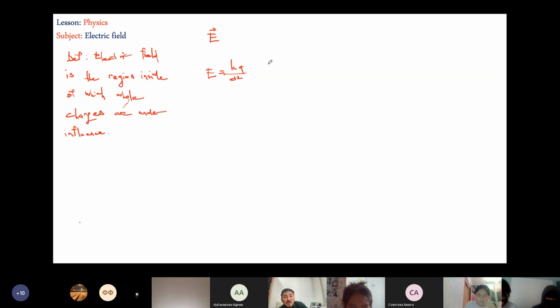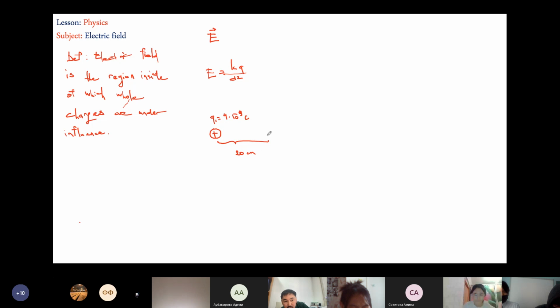That is all. So for simplicity, suppose I have a positive charge Q of 4 times 10 to the power of minus 9 coulombs, and I want to find the electric field at a distance of 20 centimeters.